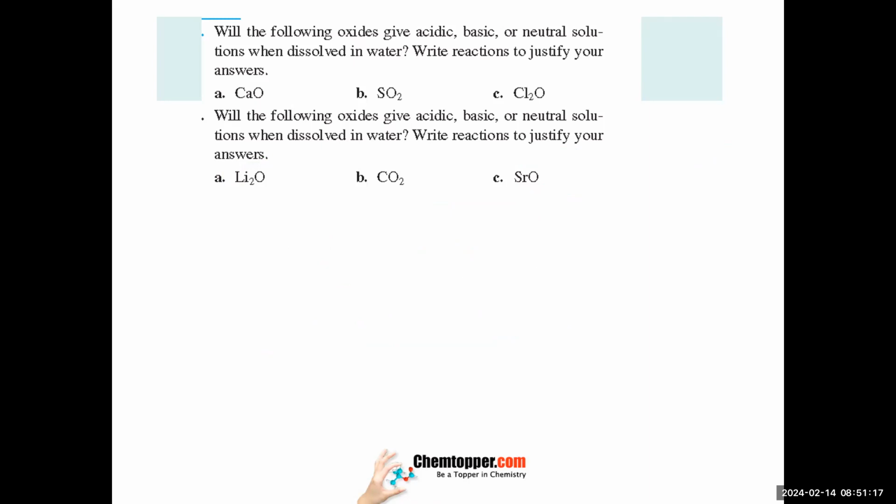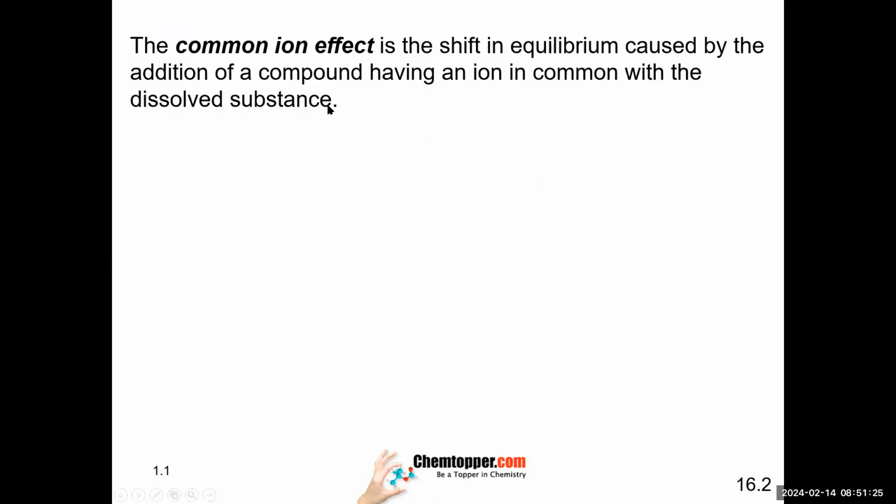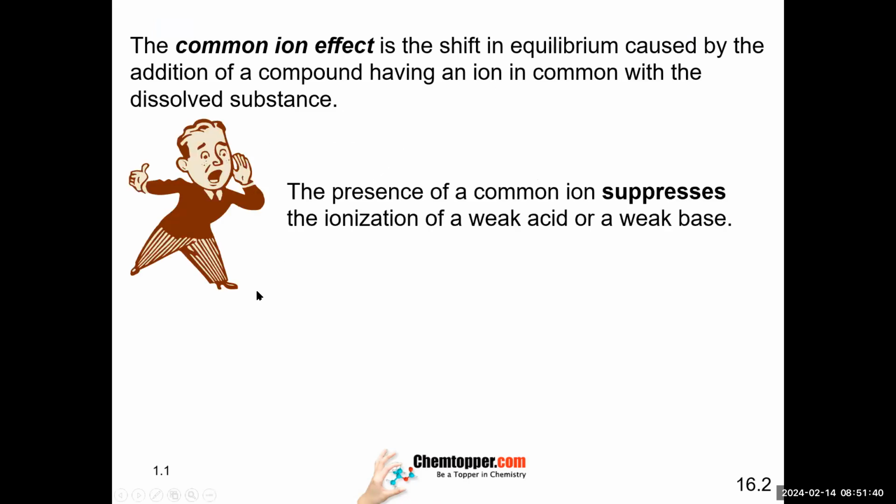Then accordingly, how can you decide which one is a stronger base or stronger acid? Okay, common ion effect you have done earlier with me. Now we are left with less time, but I want to cover this common ion effect. And in the next class, we'll be starting buffers.